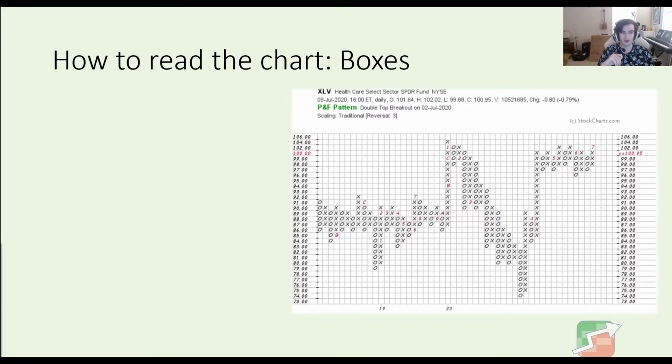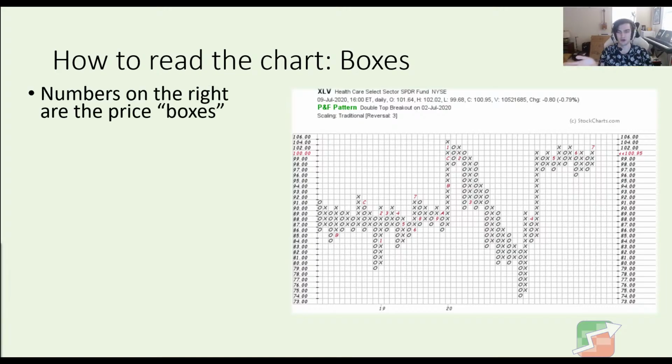The numbers on the right and left side of the chart are what is called boxes. Each one of these boxes is not a single price. It is a range of prices. So if we see here where the blue arrow is, it's pointing to 76.